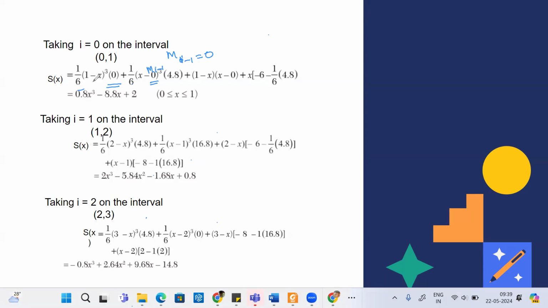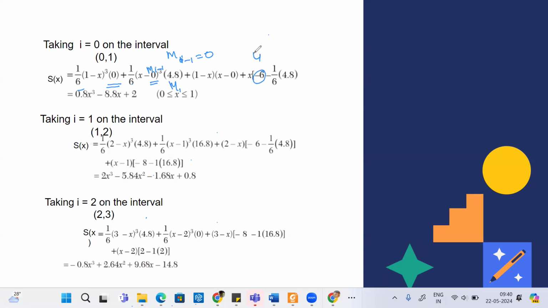So 1 by 6 into 1 minus x the whole cube into 0, plus 1 by 6 into x minus 0 the whole cube into 4.8, where 4.8 is the value of m1, plus 1 minus x into x minus 0 plus x into minus 6 minus 1 by 6 into 4.8.